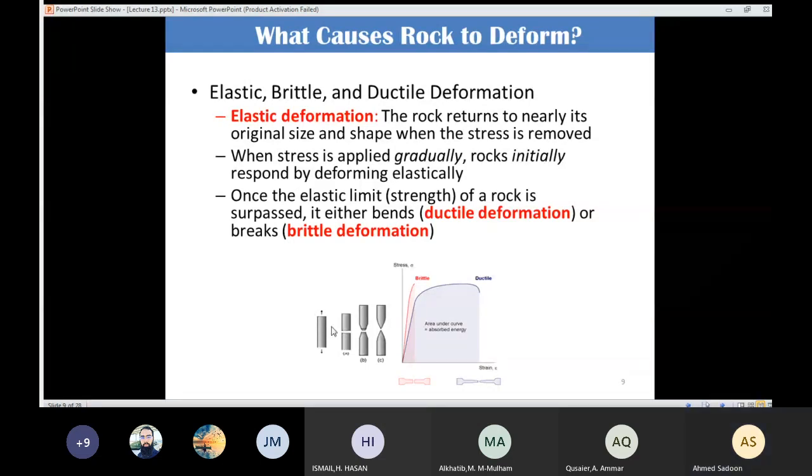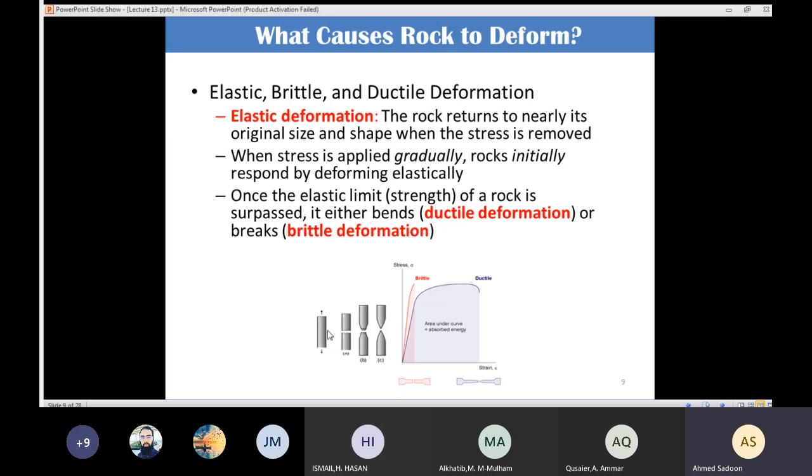But we have two possibilities. The one possibility, when you reach the maximum capacity, of course, we are going to have an increase in the length, but we are going to have a sudden failure without any signs, like this one. So the material here didn't show us any signs.